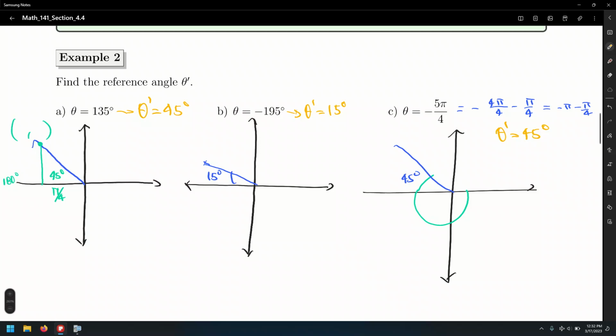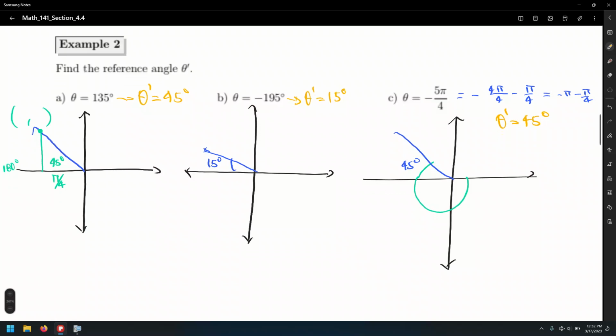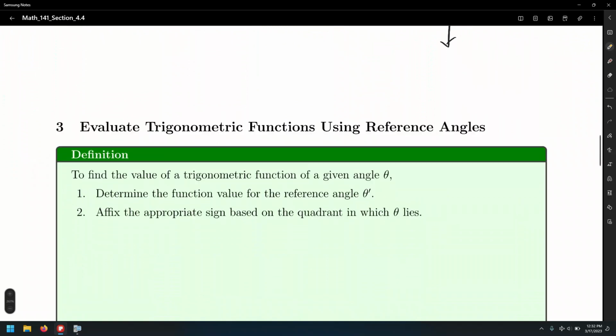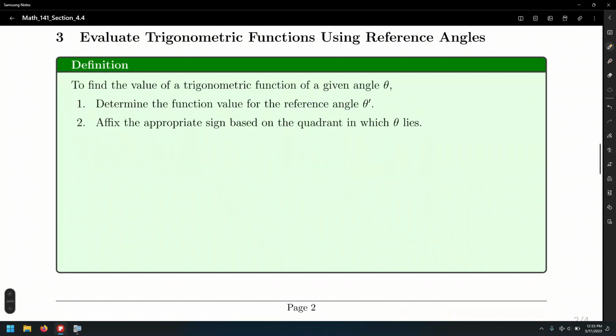So I'd rather instead use a reference angle, and that is a value for which we are more familiar with their trigonometric function values, and then just impose those values on the corresponding quadrant and then change the signs of the corresponding values. I think that's going to be the next topic. Yes, evaluating trigonometric functions using reference angles.